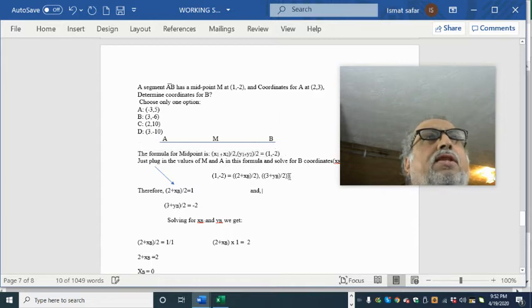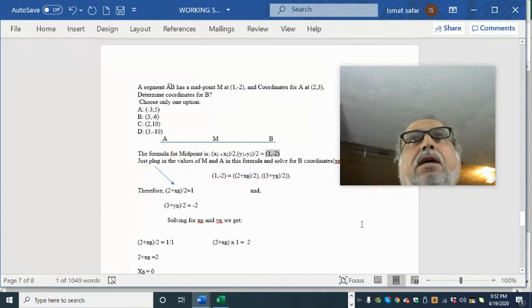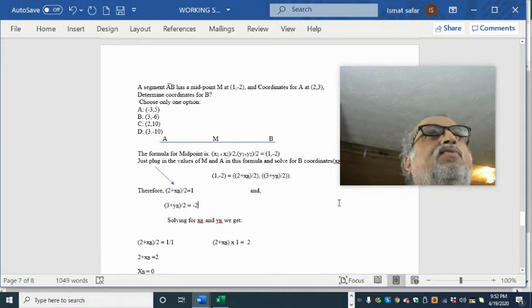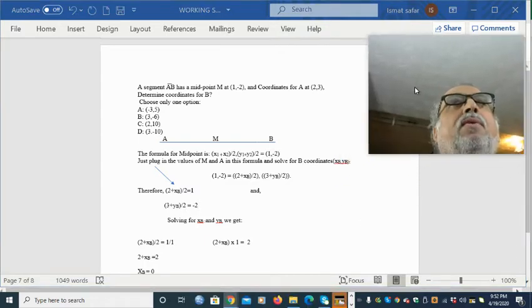These are the coordinates of point M. Point M is the midpoint between A and B, and this is the location of that point. We're going to explain this in a minute, just bear with me.